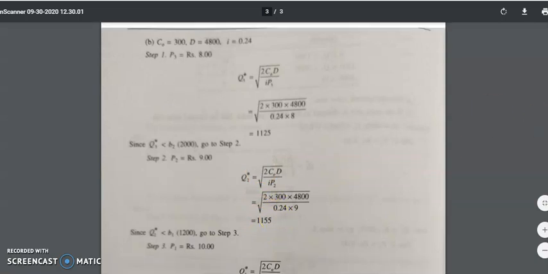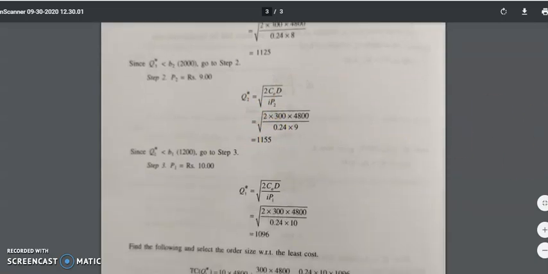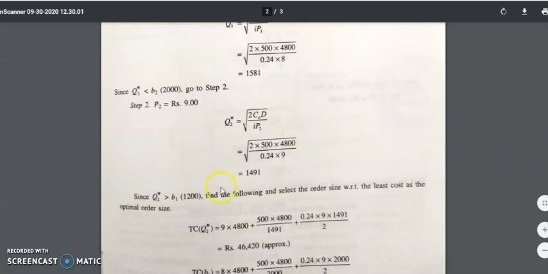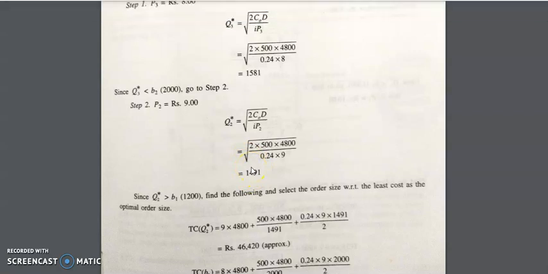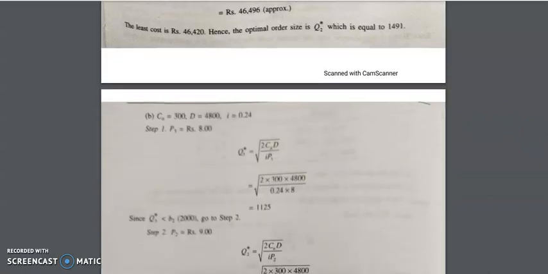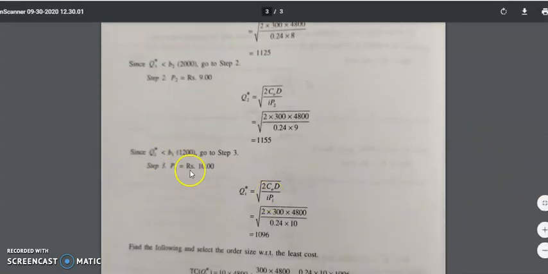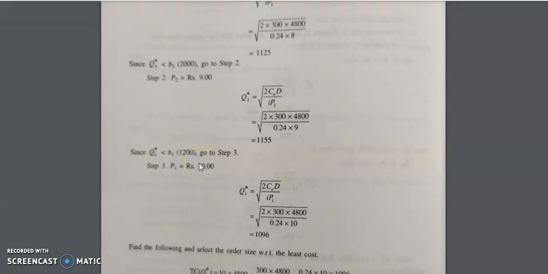Now what you have to observe is that in the previous case, when the ordering cost was 500, the Q2 itself was valid, with the price break of 9. But here the condition is not satisfied, where Q2, 1155, is lesser than 1200. So Q2 met the criteria at the previous ordering cost of 500, but when it is reduced to 300, we are unable to satisfy the criteria.